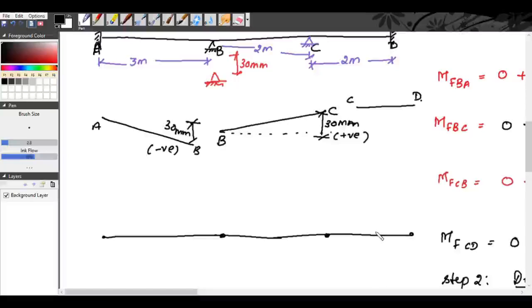Our MAB is minus 13.78. See, when there is a sinking of supports, sometimes you may get some confusion for drawing the bending moments. Okay, so how you can do it is, at A it is minus 13.78. So if it is minus 13.78, it is anti-clockwise, right? You can try to draw an anti-clockwise here.